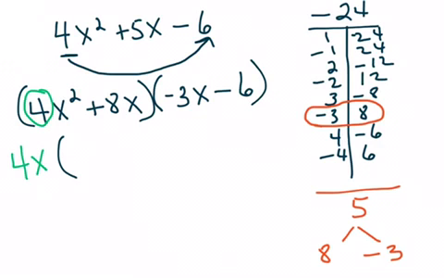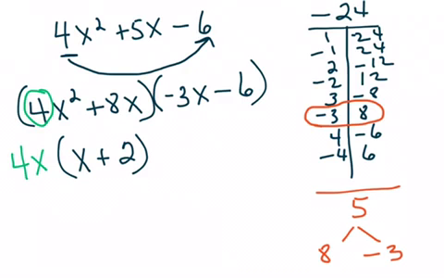What do we have left? If I take a 4x out of 4x squared, I just have an x left. Now I'll put a plus sign. If I take a 4x out of 8x, I will have a 2 left. In other words, what times 4x equals 8x? It's just times 2.